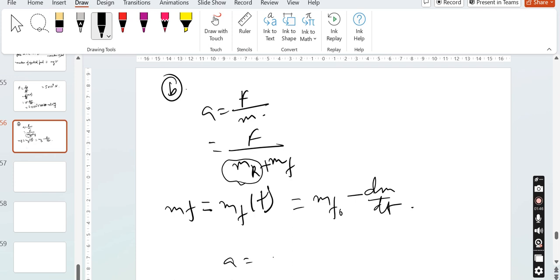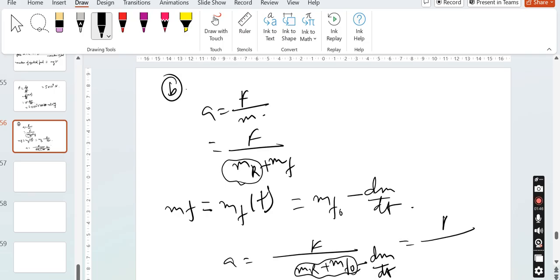So basically a is F by mr plus mf0 minus dm by dt t. This thing is constant, so we can write it as F by mi minus dm by dt t.